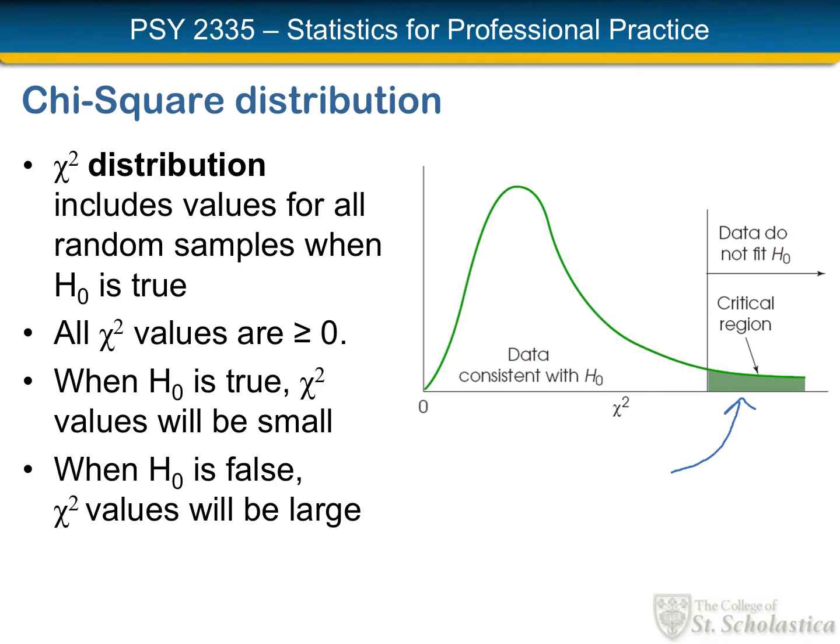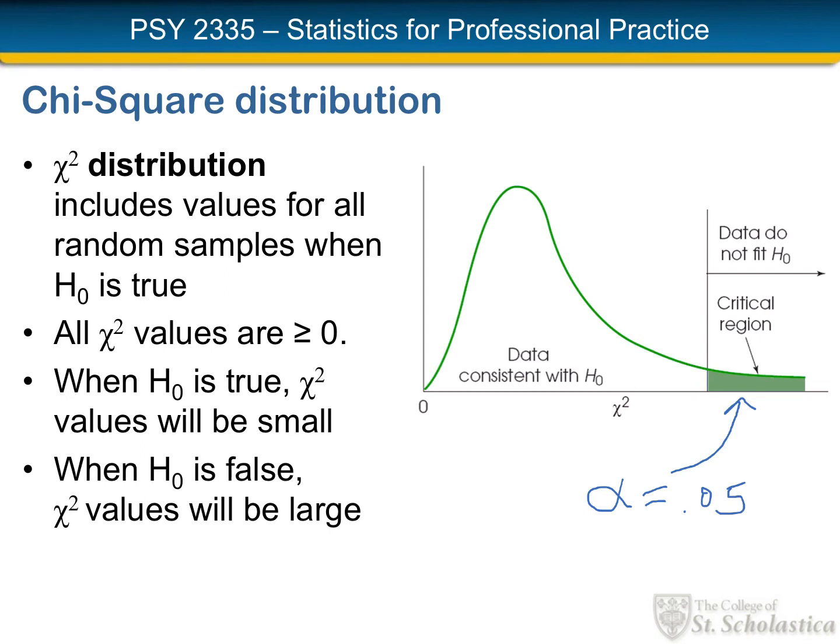It differs with the degrees of freedom. We'll look at those in just a minute. And that critical value cuts off an area that is the same as our alpha size. So if I'm looking at alpha of 0.05, it would mean that 5% of the area under the entire curve is out in the tail.